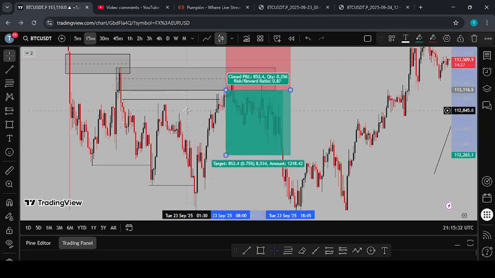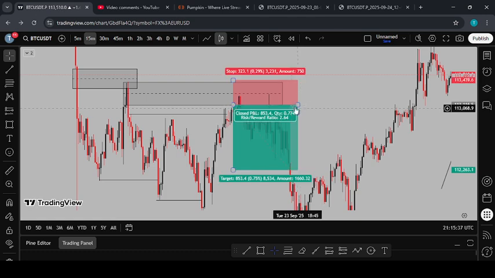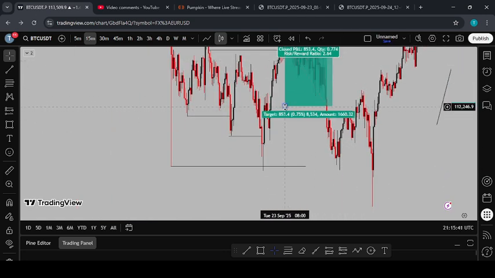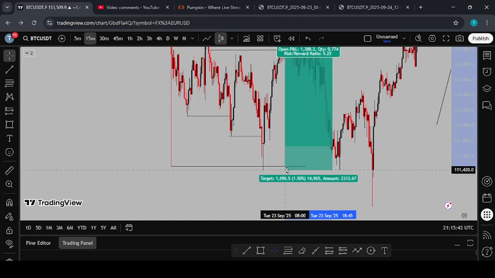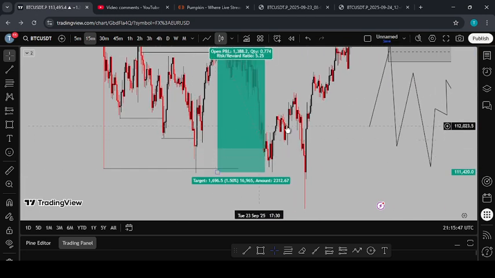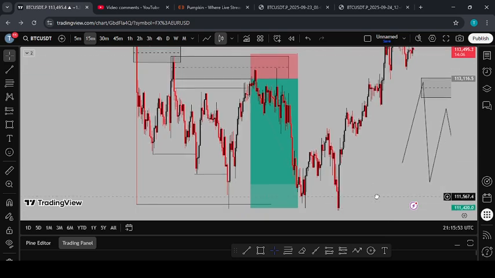So I targeted this region, something like this, and of course, here would be my target, but I had another target. But here's the obvious target for this sell trade. Because I also had a buy setup that I analyzed from a higher time frame, I'm going to show you how I do that.